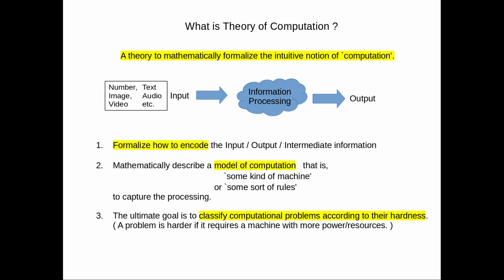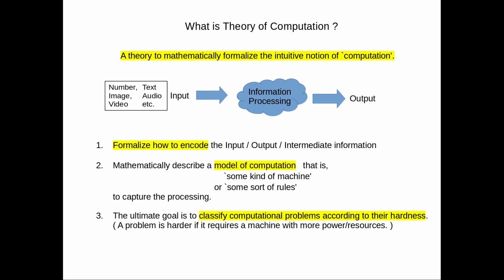If you look at topology, again, the most important problem is to classify these manifolds or whatever. Theory of computation is similar in that regard. Here we classify the computational problems. We have not defined what a computational problem is. Later we'll do that. But you have some intuitive notion, right?